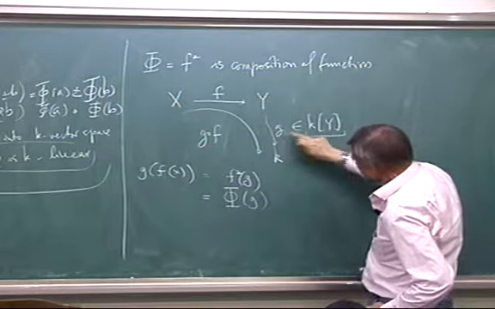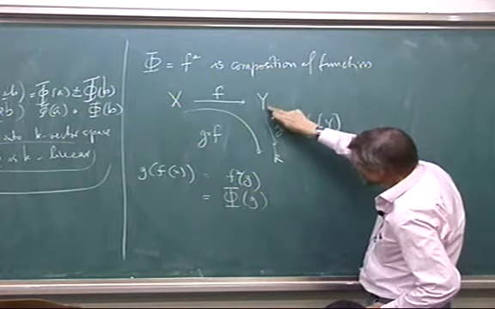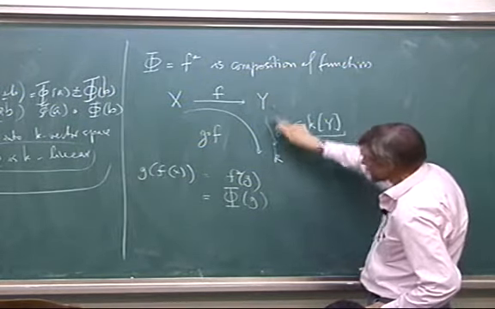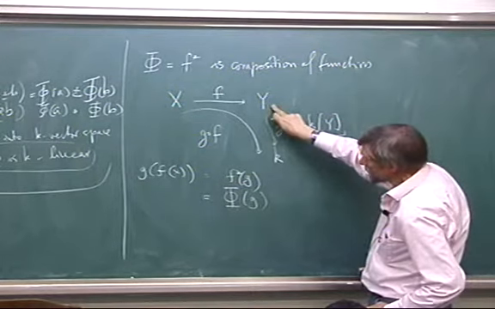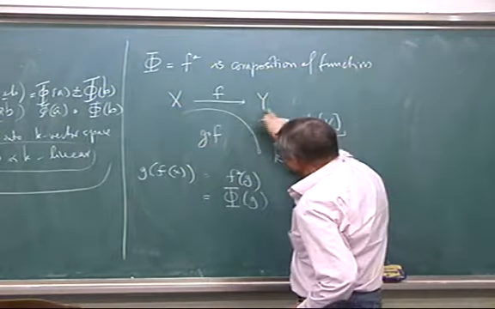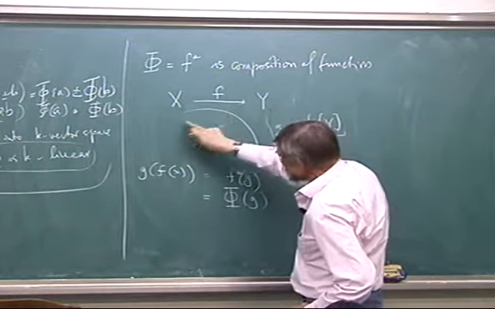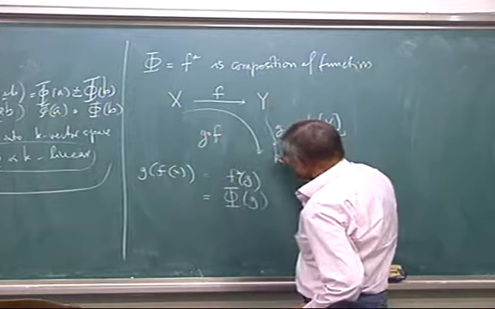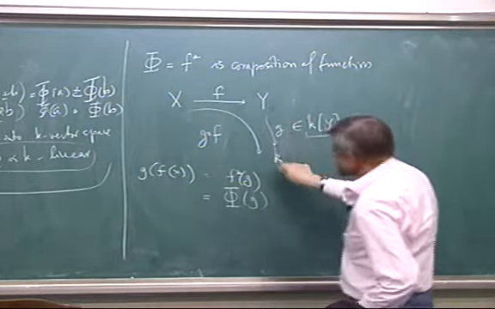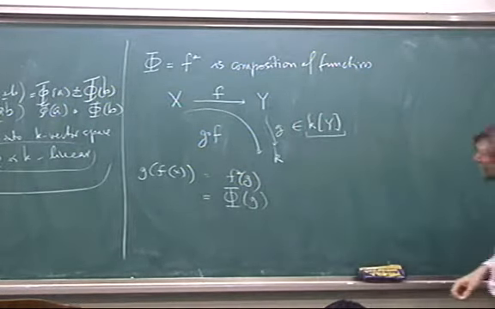The elements I'm talking about in this ring are certain polynomial functions on Y. The map F is a polynomial map from X to Y. So if I take the composite, what I'm doing is substituting one polynomial in others.